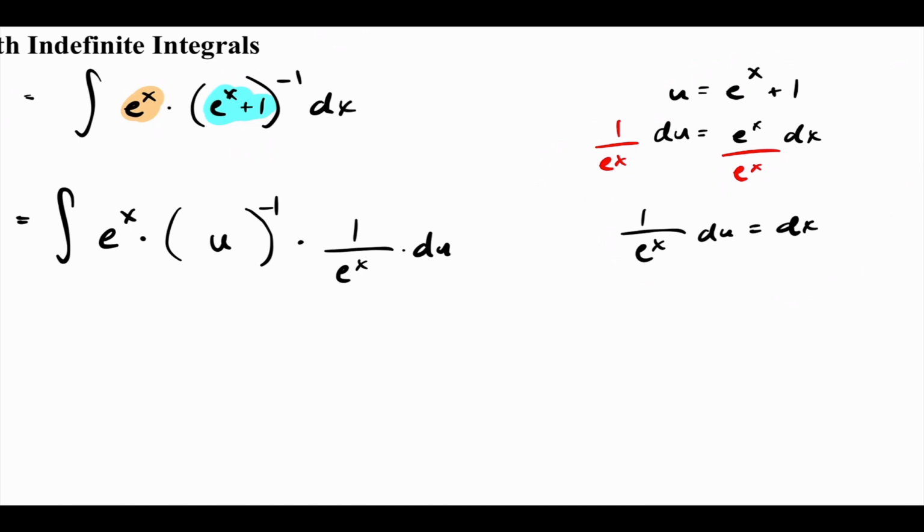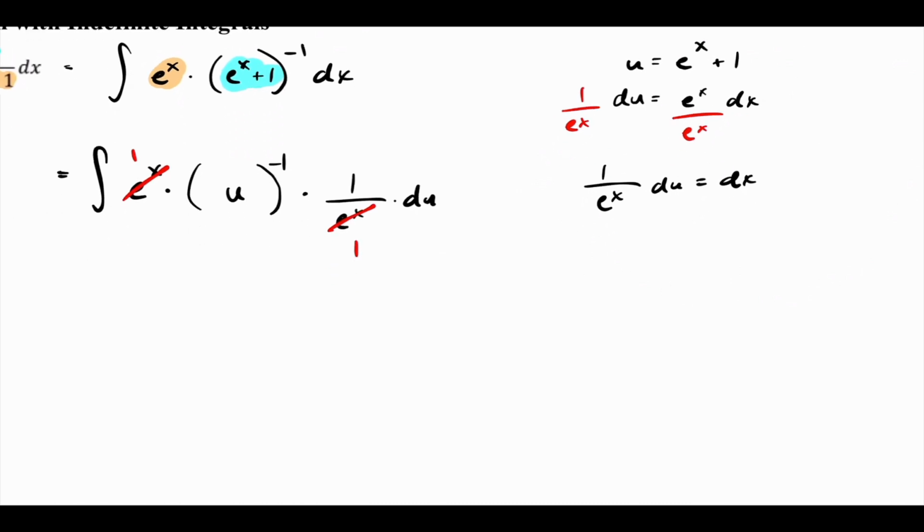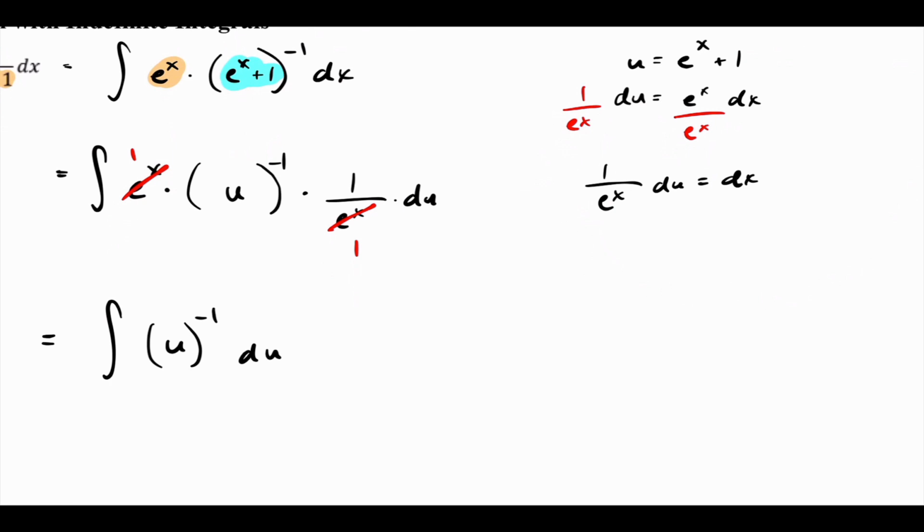Now, will everything with an x go away? Yes, they will. How do I find the antiderivative now?